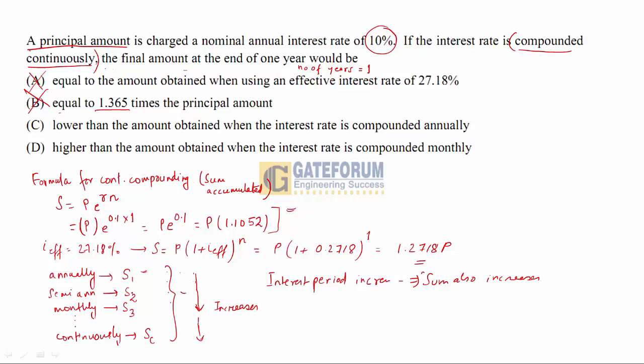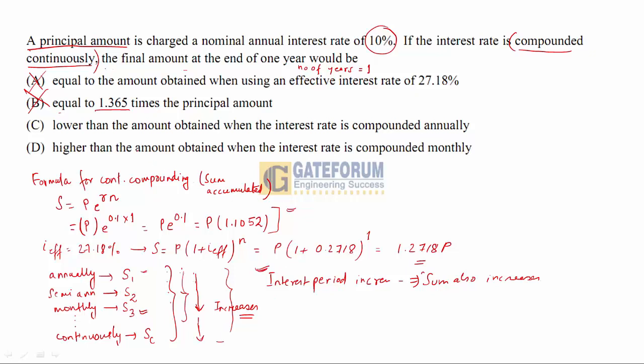Say in the semi-annual case, whatever amount you get after the end of 6 months, for the next 6 months you will get some interest on that extra amount also. So definitely it will be greater than case 1. And when compounding is done monthly, for every month whatever extra interest you have got, you will get some interest on that interested amount for the next month also. Likewise that money will accumulate, and finally you will get a good amount of money, which means that when the interest periods increase, the final sum also increases, as I have told you.